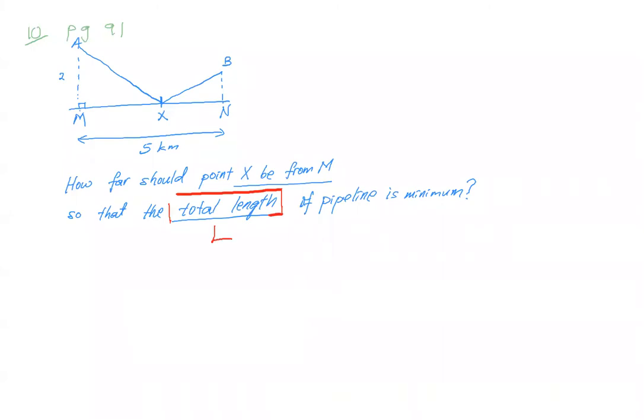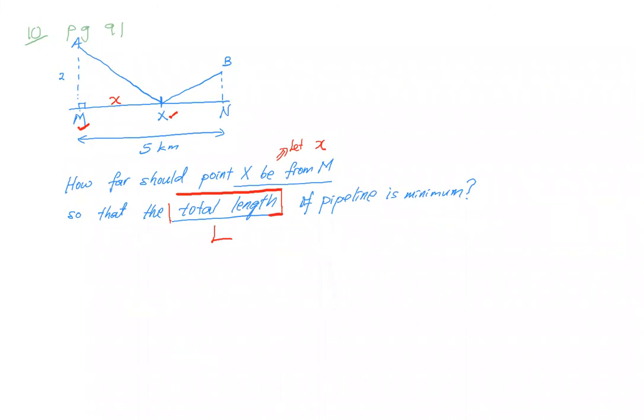And what I want to know is how far should point X be from M? Point X is here from M. So this is something that I don't know. So I let this be x. Can or not? So I label here x. Done? So that is how I read the question and label.